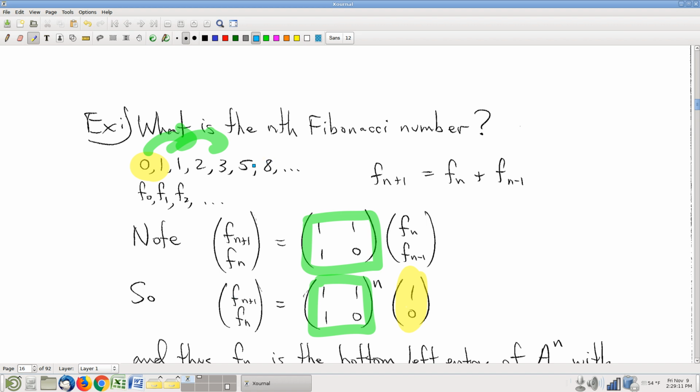Well, I'm going to get over to that consecutive pair of Fibonacci numbers. And the nth Fibonacci number is the bottom element of this vector that results from multiplying this matrix to a high power, which we now know how to do, times that vector. So, neat fact then.